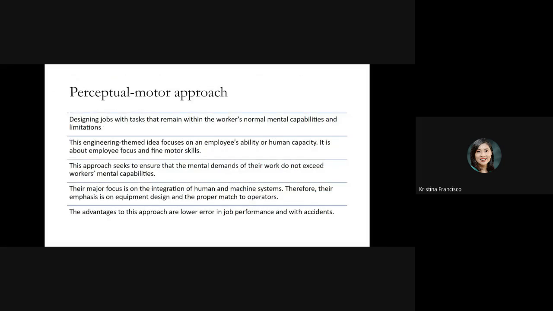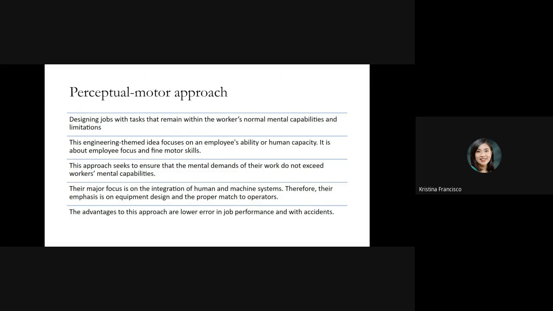We have also your perceptual motor approach. So your perceptual motor approach for job design focuses on designing jobs with tasks that remain within the worker's normal mental capabilities and limitation. Again, normal mental capabilities and limitation.